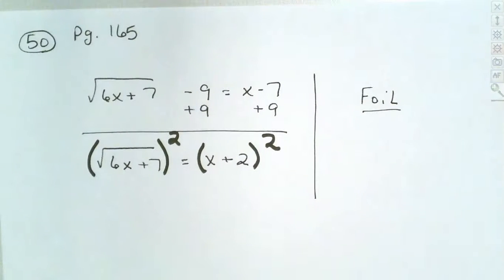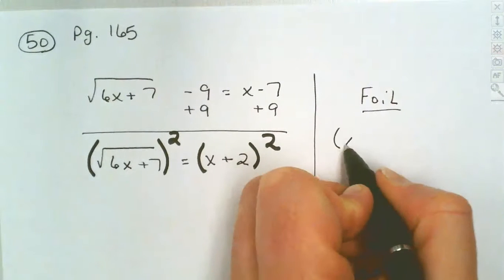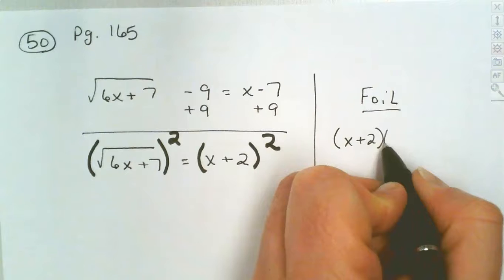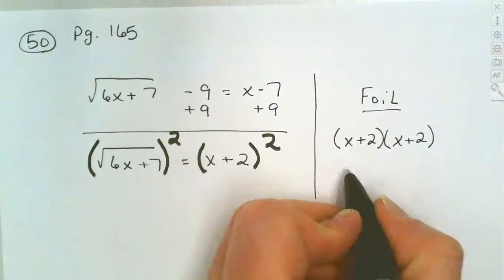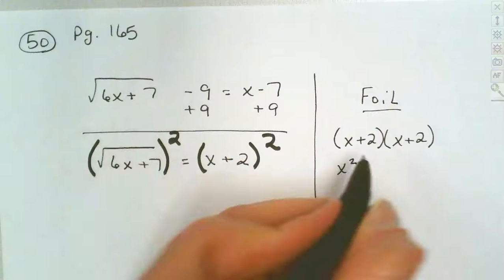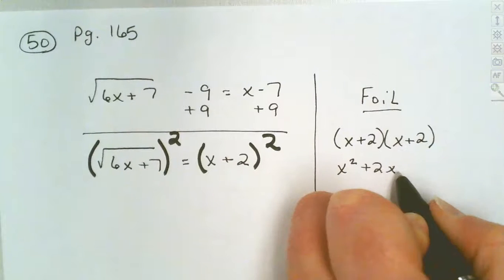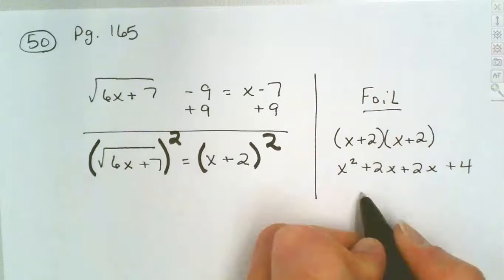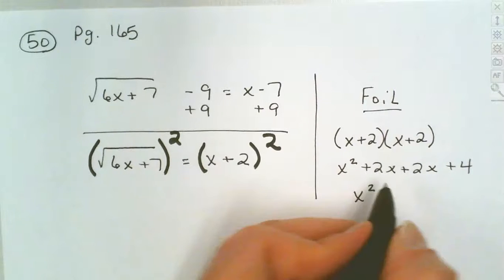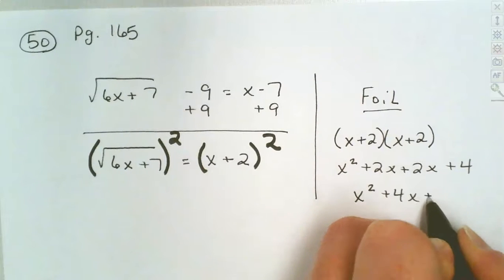So on the right-hand side, we'll have to FOIL out x plus 2, x plus 2. So that's x squared plus 2x plus 2x, and 2 times 2 makes it a plus 4. That leaves you then with x squared plus 4x plus 4.